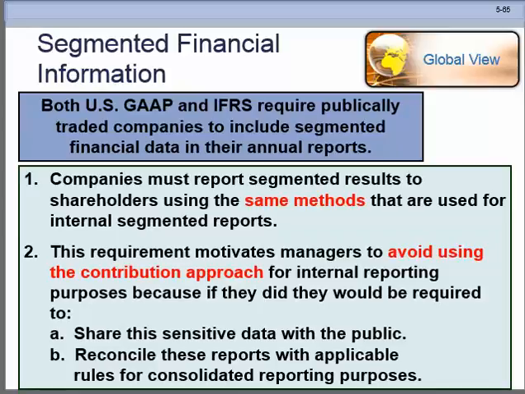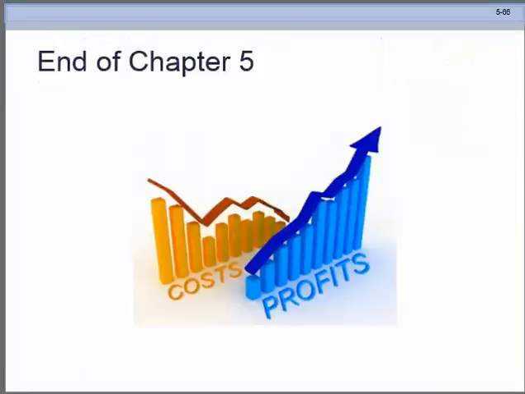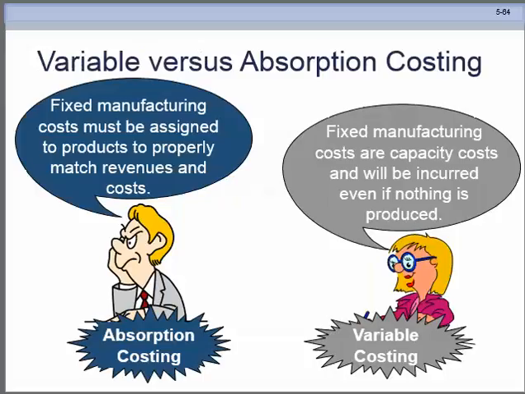They require publicly traded companies to include segmented financial data in their annual reports. And the reason for this is so that external parties can make appropriate decisions based on the disclosure of all relevant information. Okay? And that takes us to the end of our Chapter 5.